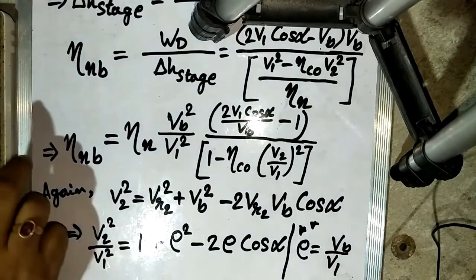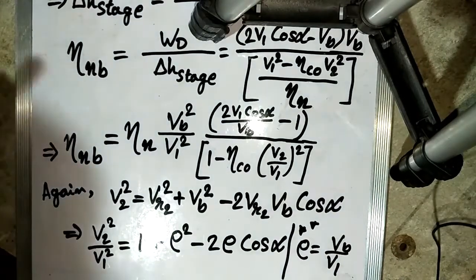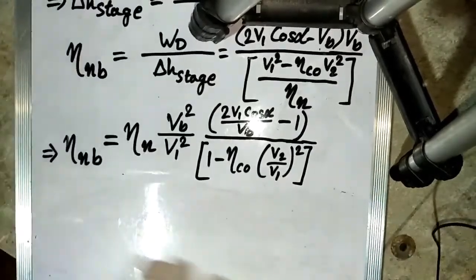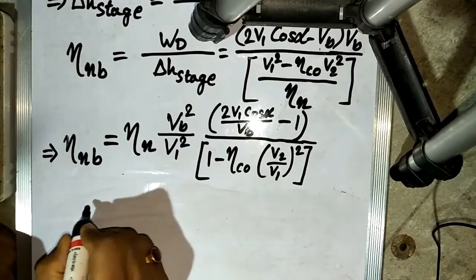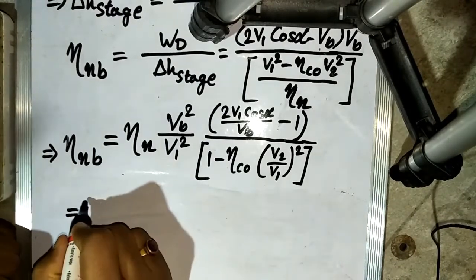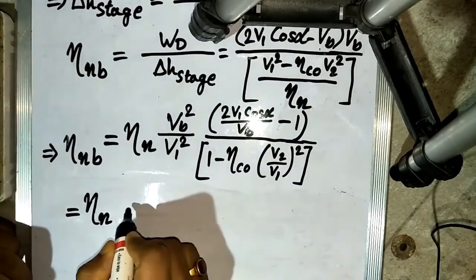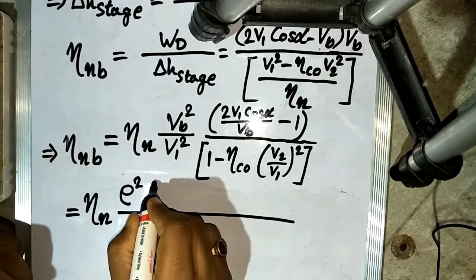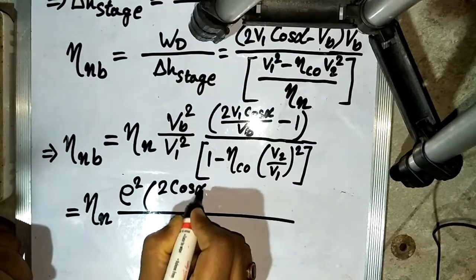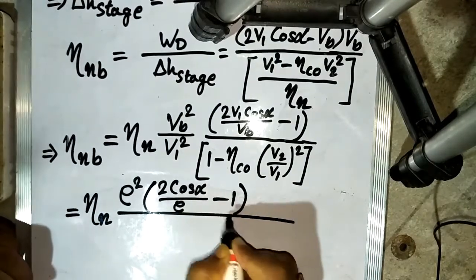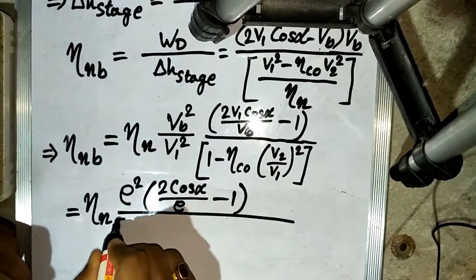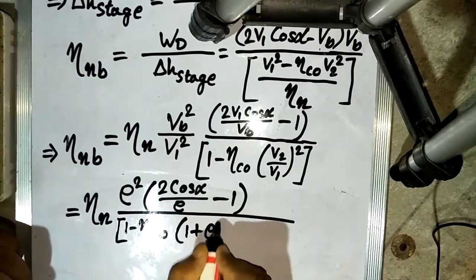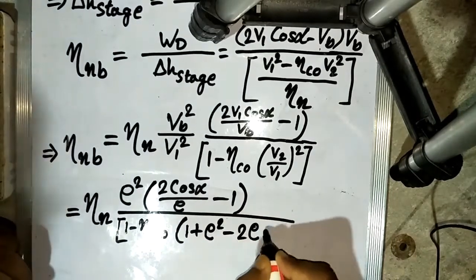Now let's substitute this ratio into this eta NB expression. So if we substitute, we get eta n into rho square into 2 cos alpha by rho minus 1 by 1 minus eta co into 1 plus rho square minus 2 rho cos alpha.